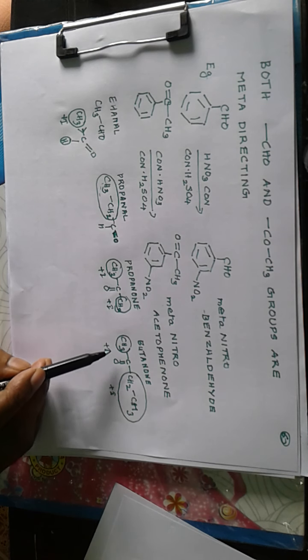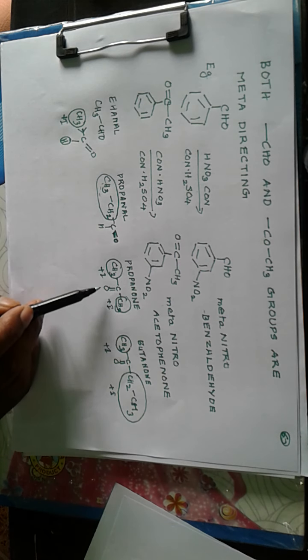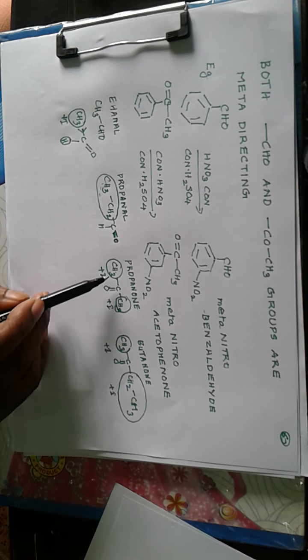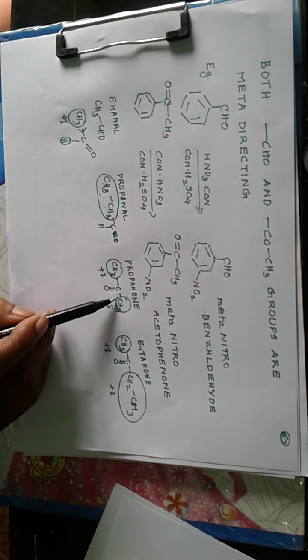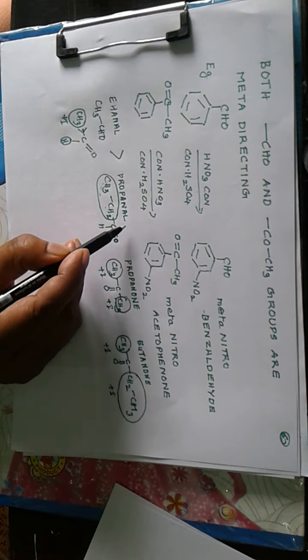The plus I effect is also maximum in butanone, and decreases when we come to propanone, because an ethyl group can exert a greater plus I effect than a methyl group, but even though it exerts a larger plus I effect, it is not so much greater than that exerted by two methyl groups. The least steric effect and inductive effect are observed in ethanal. So the reactivity order will be butanone less than propanone, less than propanal, less than ethanal.